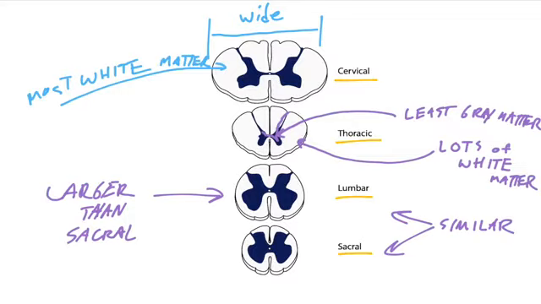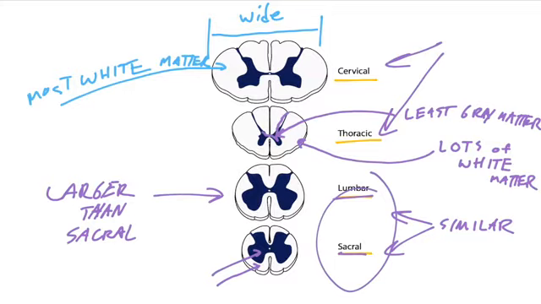In other words, you're really going to have to see both of them, both the lumbar and the sacral, and be able to compare the size in order to really understand what you're looking at. Because sometimes the lumbar spinal cord level can look a lot like the sacral spinal cord level. They both have a lot of gray matter, and they've got the least amount of white matter. So you just need to compare them. Otherwise, just memorize the cervical, thoracic, and then memorize the lumbar and sacral together.